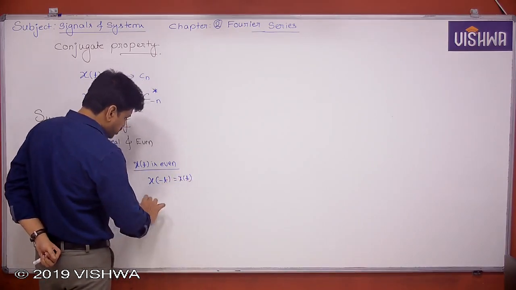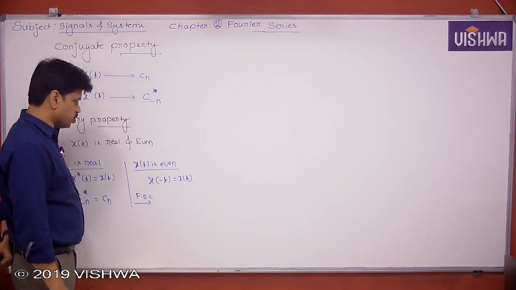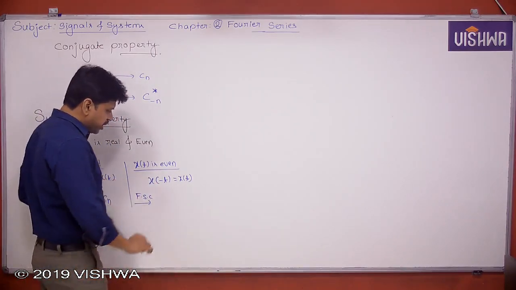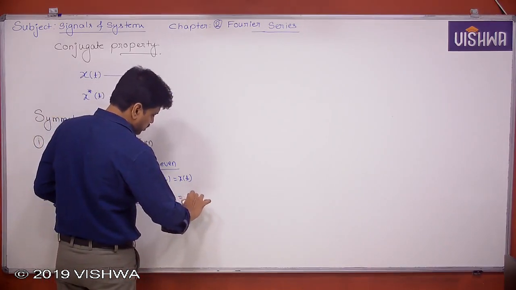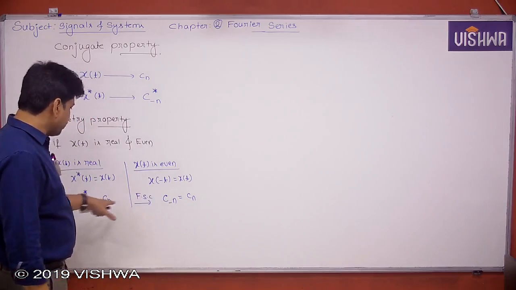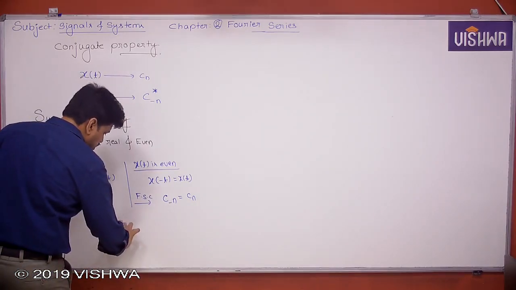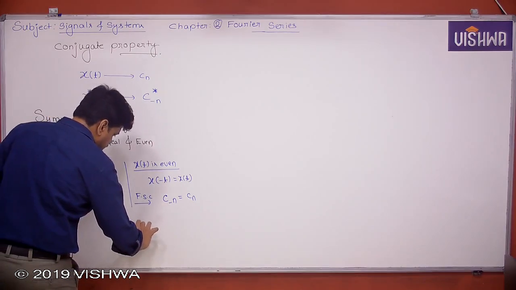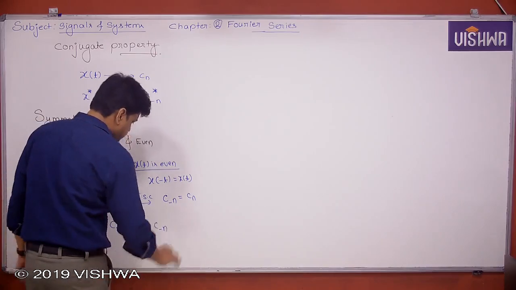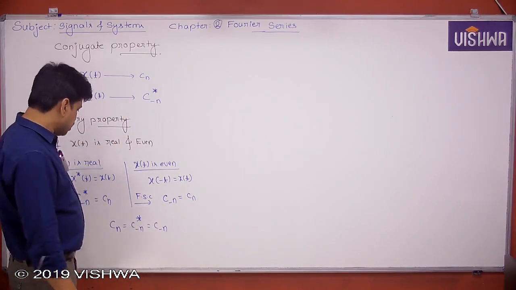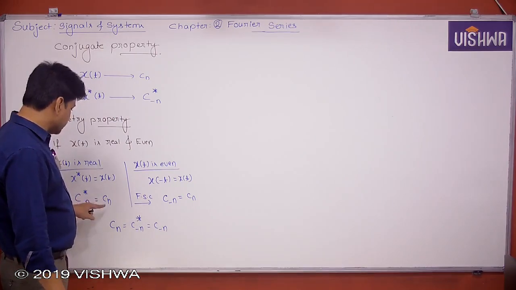Applying Fourier series coefficient on both sides, x of minus t has coefficient c minus n, which is equal to Cn. By combining all the properties, Cn is equal to c minus n, and Cn is equal to c minus n conjugate.